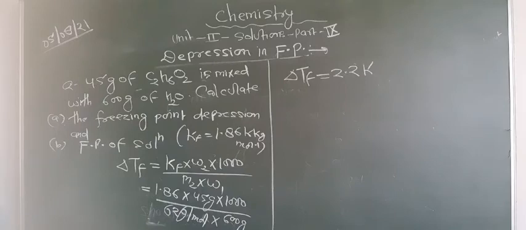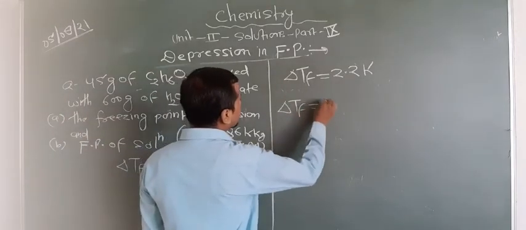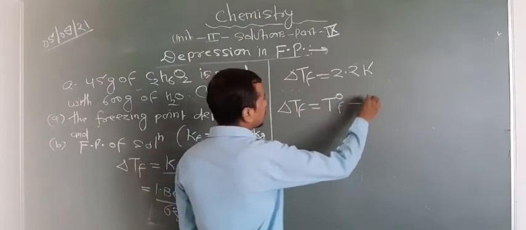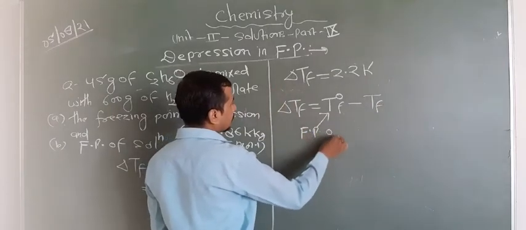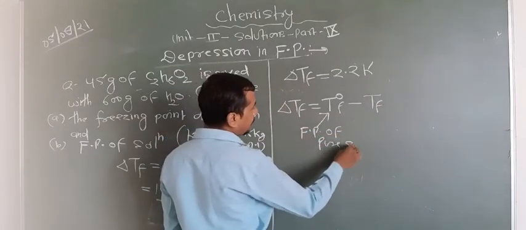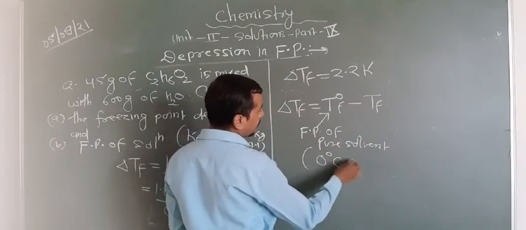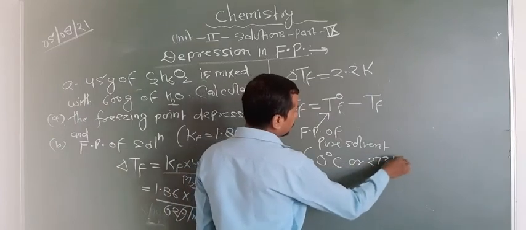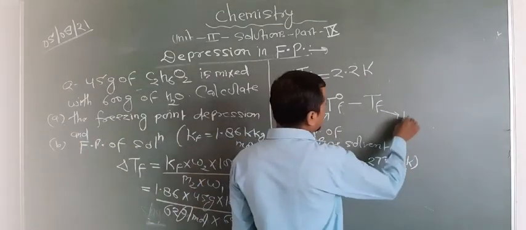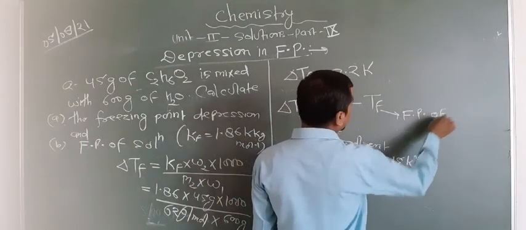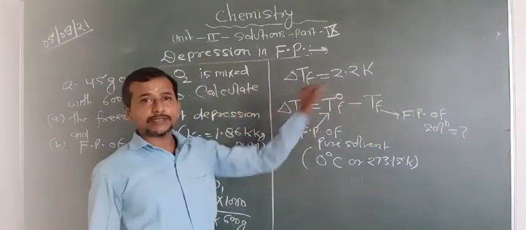Okay. Now, how can we find the second answer? We know that delta TF equals T naught F minus TF. This is the freezing point of the pure solvent. Here the solvent is water, that's why this is 0 degree centigrade or 273.15 Kelvin. Are you getting this point or not? Now TF is the freezing point of the solution, and this we have to find. Delta TF found from here is 2.2.